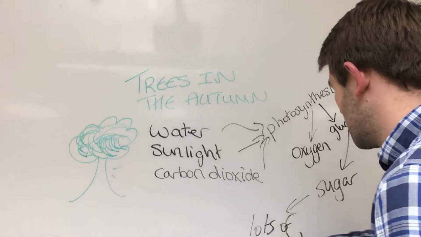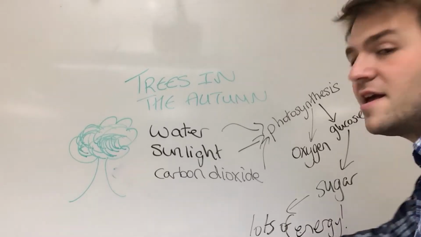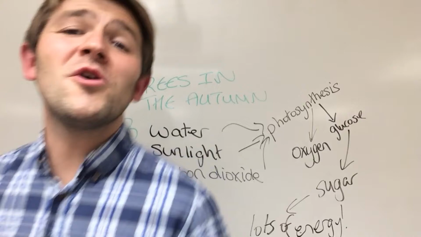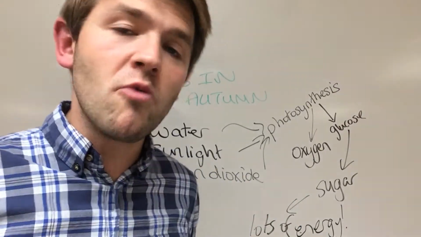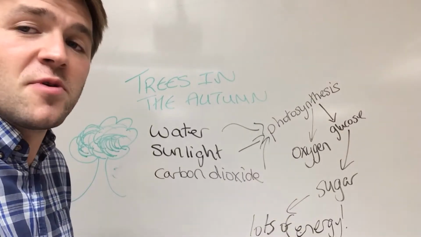Lots of energy. It needs that glucose in order to be able to survive, to live, to get the energy to grow, to build new parts of the plant, whatever.